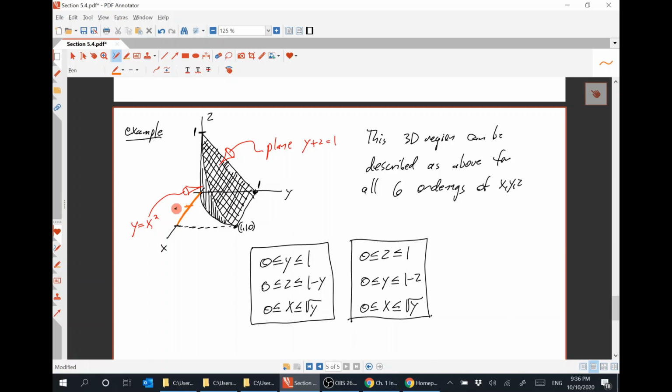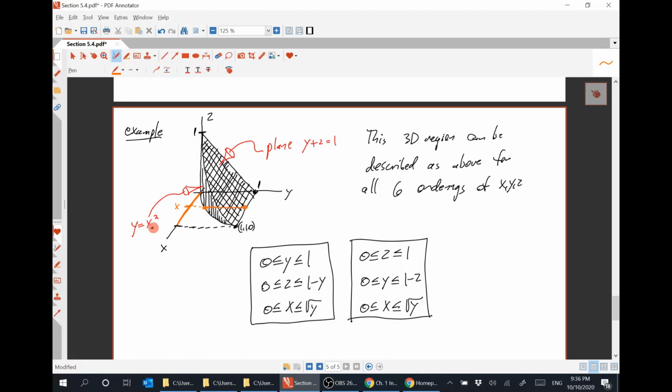Now, given a value on the x-axis, where's y? In the xy plane. Given a value for x between 0 and 1 on the x-axis, in the xy plane, we're going to the next variable, y. In the xy plane, y is caught between this and this. Well, what's that?